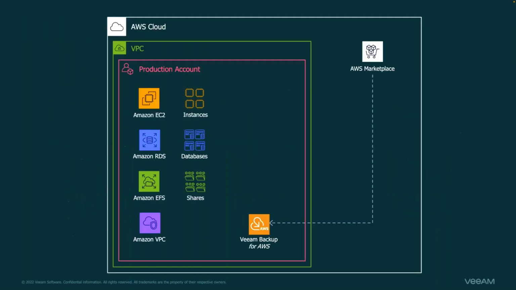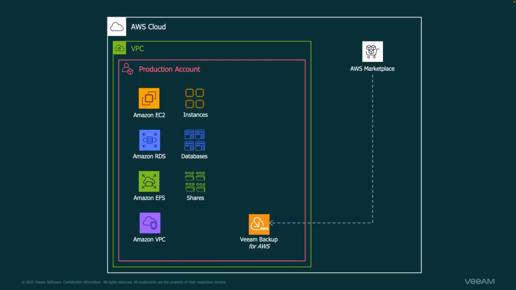So let's take a quick look at the diagram here before we jump into the first demo. You'll notice that this is a very typical deployment. You have your VPC, you have your production account where you deploy your workloads, whether it's EC2 instances, RDS, EFS, or even your Amazon VPC.